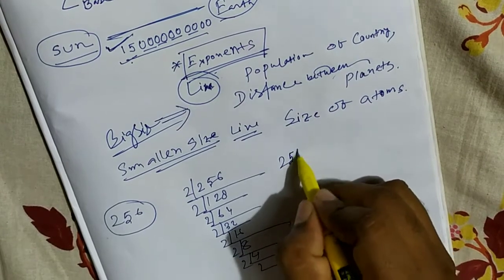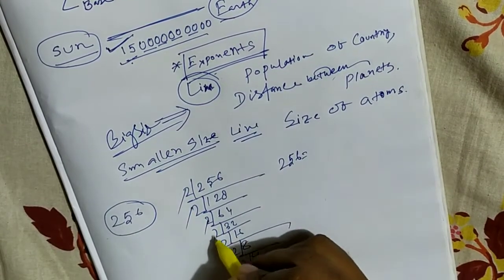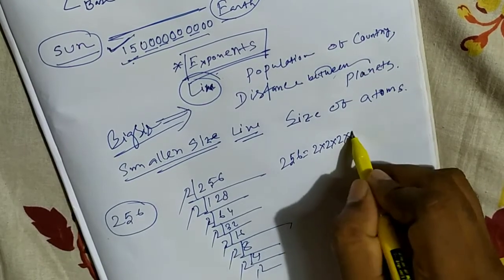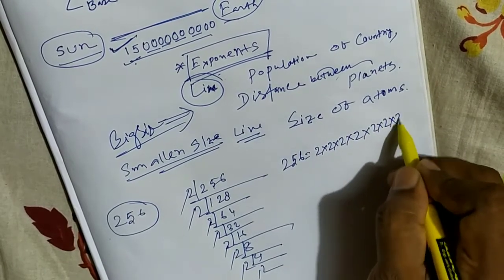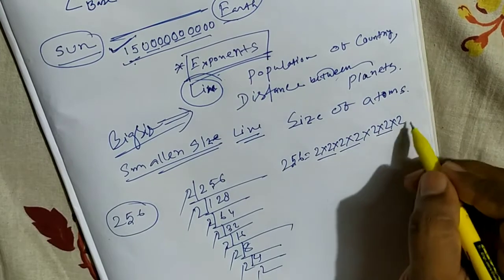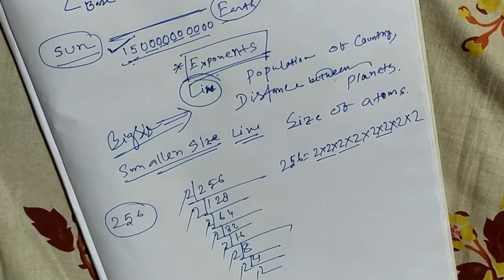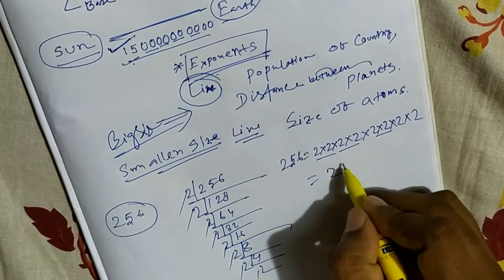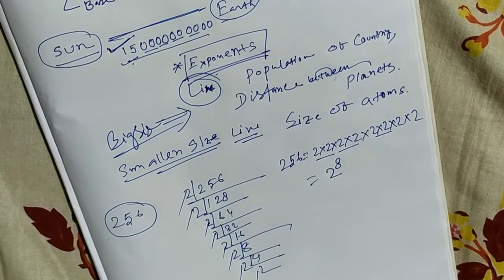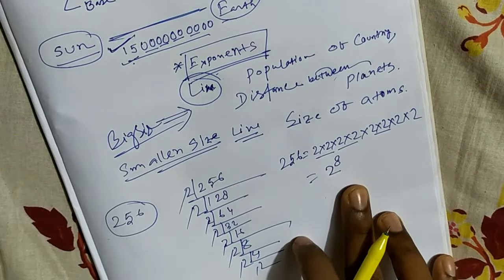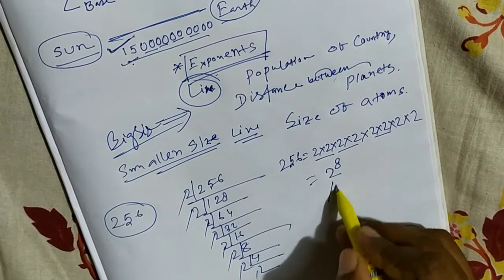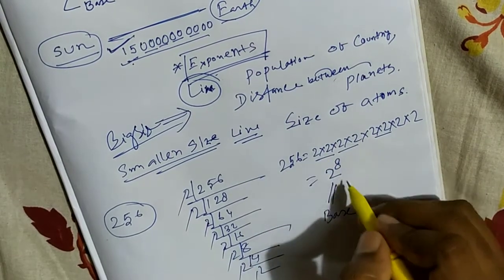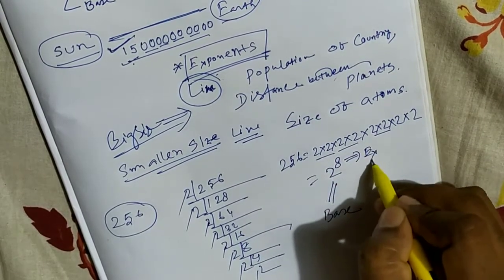Here 256 is equal to 2 to the power 8. Here 2 is the base and 8 is the exponent.